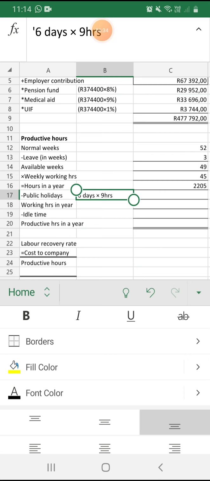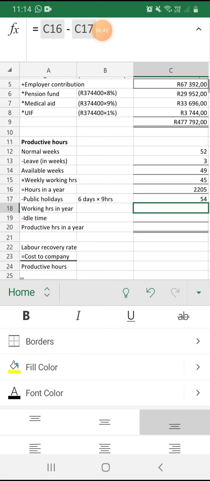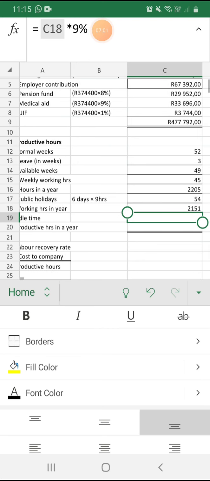Therefore, you take the 6 days multiplied by the 9 hours that they would have worked in a day, and that will give you a total of 54 hours. Therefore, we need to calculate what our working hours in a year is. You'll take your hours in a year less your public holiday hours, and that will give you 2,151 working hours in a year.